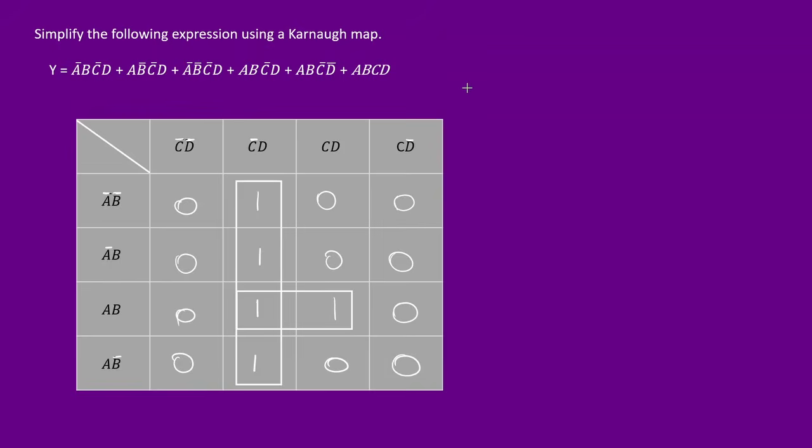But we'll do it this way. This is 1, and we can call this 2. All right, so we have A here. Okay, and we've got B here.